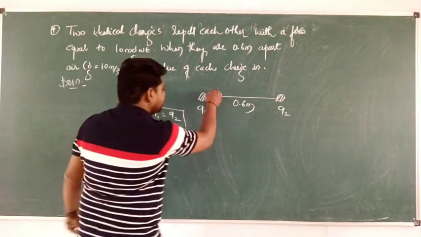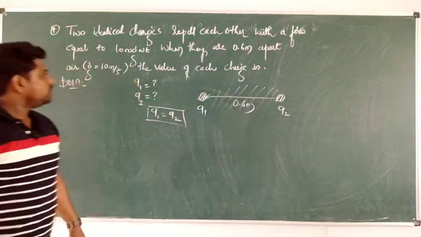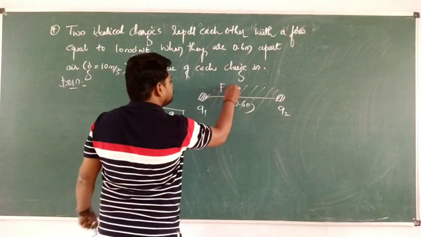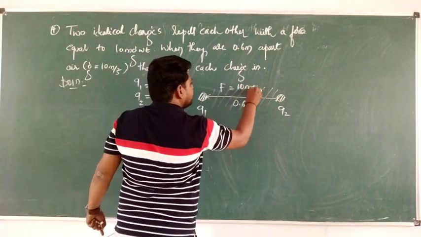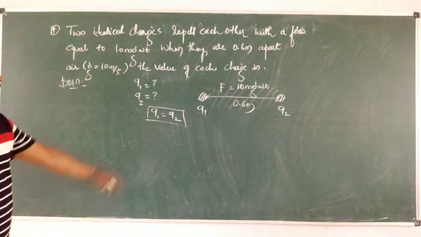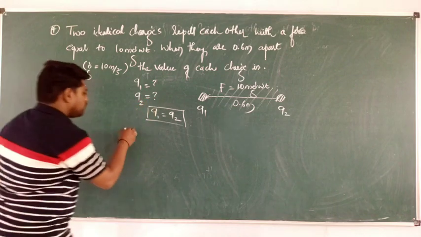What is present in between these two charges? Air is present in between these two charges. Now, what is the force acting here between these two charges? That is mg Wt.